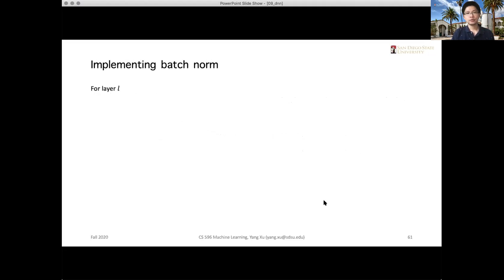So let's look at the implementation. It uses a batch, so it's an operation that occurs within a batch or a mini-batch. The term batch here doesn't mean that we're using the whole data set, but that we are focusing on a mini-batch, which is basically multiple training data points.